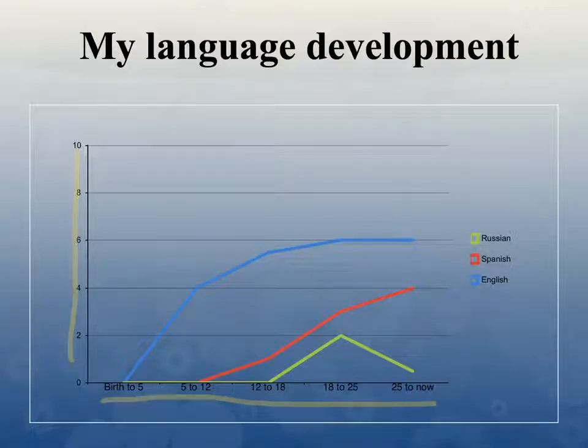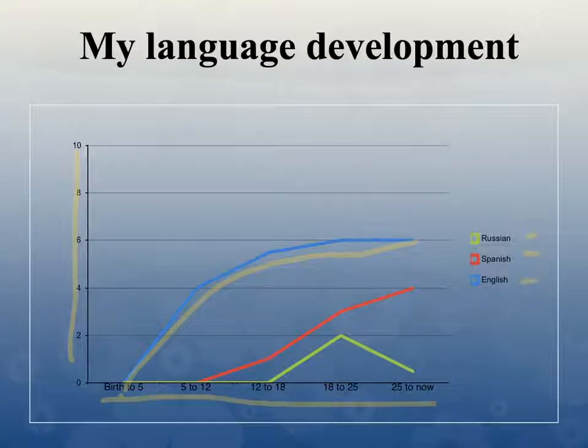And I can somewhat speak 3 languages: English, Spanish, and Russian. If we look at my English line, which is blue, I grew up as a monolingual English speaker, so I was exposed only to English from birth, and over time my English has developed exponentially, probably between the ages of 0 to 5, and then through schooling it continued to develop and is now my dominant language.